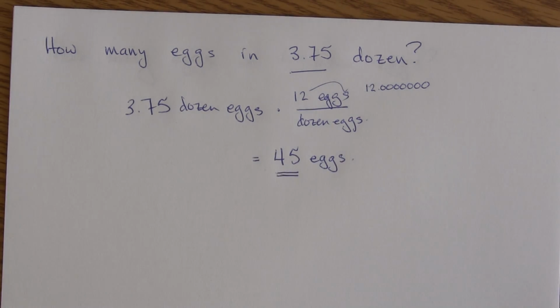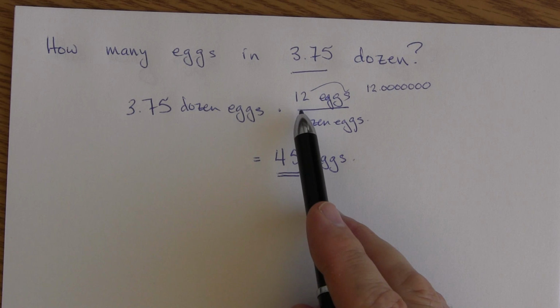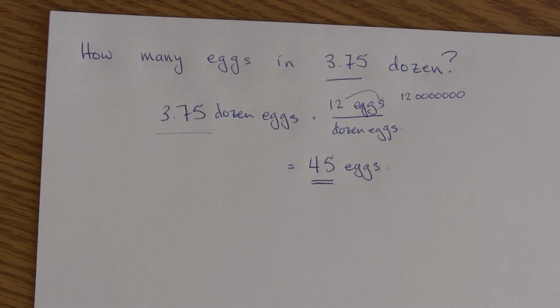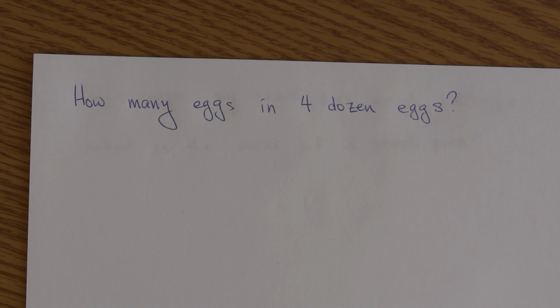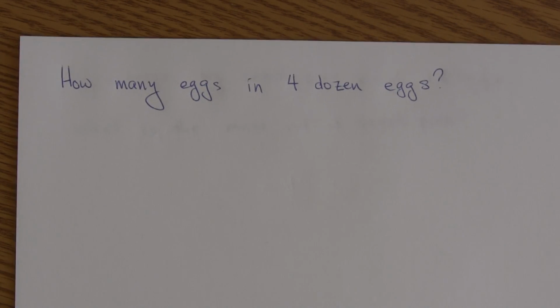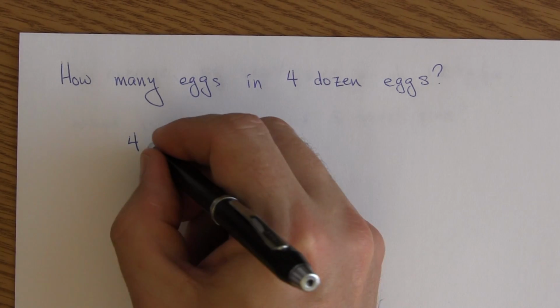Well, if 45 is exact and 12 is exact, then it must be the case that my 3.75 is also exact. We can actually see a little more about how this works if we alter the problem a little bit. Let's look at a second problem. How many eggs in 4 dozen eggs? Well, just for practice, we'll write down 4 dozen eggs.